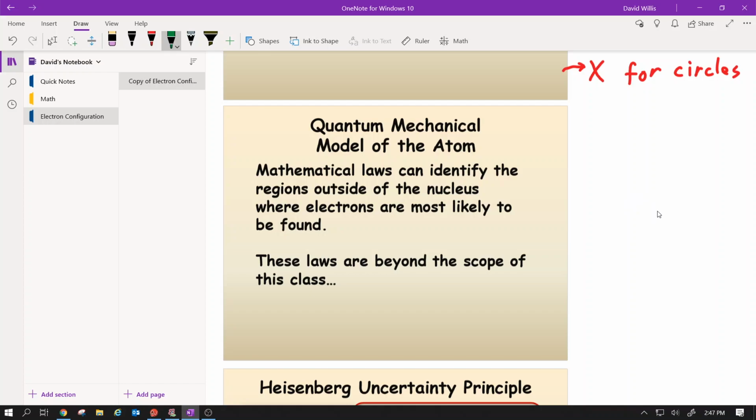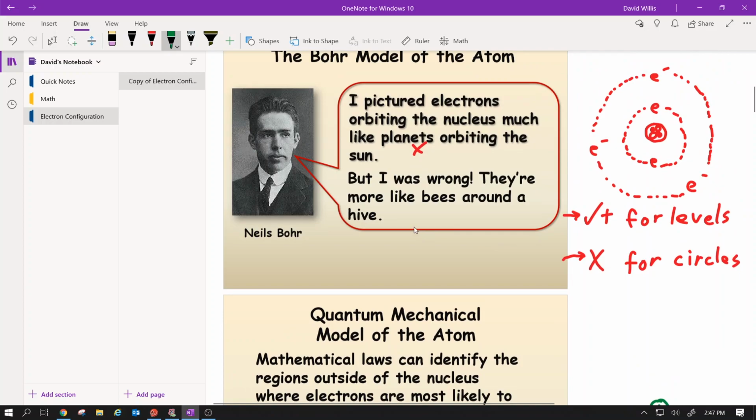So again, we still have a nucleus. I'll just say N for nucleus. And then we have level 1, level 2, level 3, level 4. Within those levels there are sub-levels, but they're not circles. It's not necessarily planets orbiting the sun. It's a little more like bees buzzing around a hive. They're more like bees around the hive.